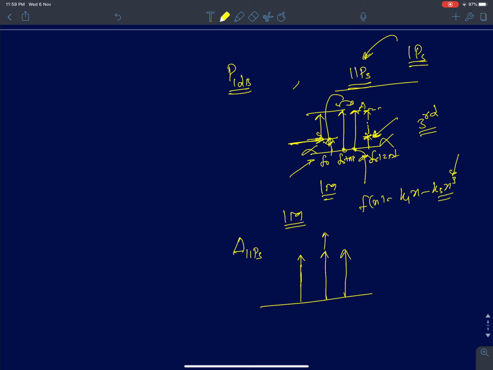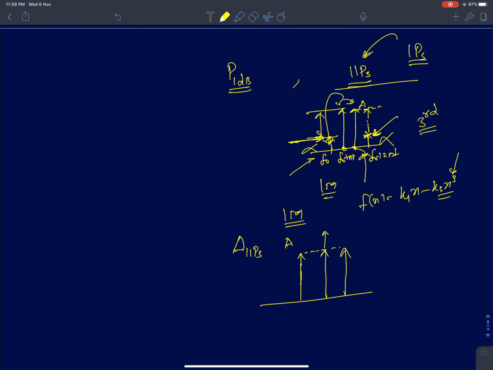There will be one input amplitude at which the intermodulation product becomes equal to the input signal itself, and that point we called AIP3.